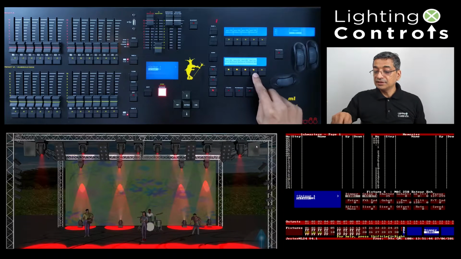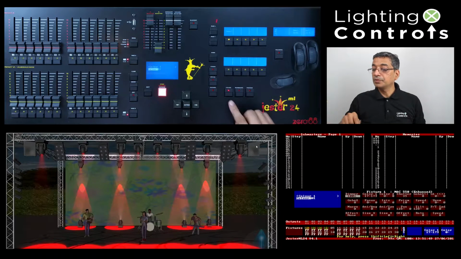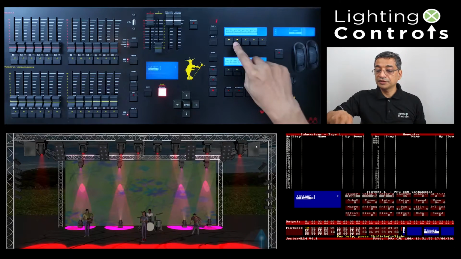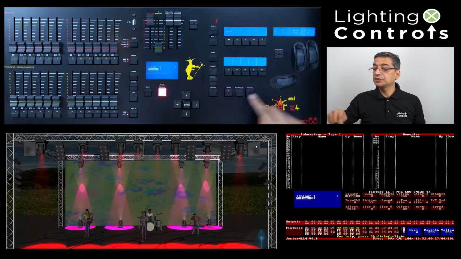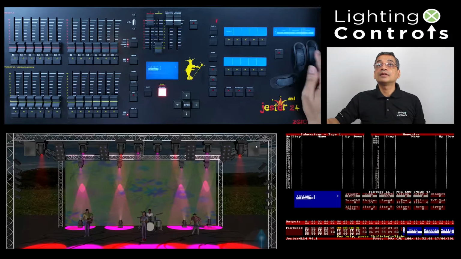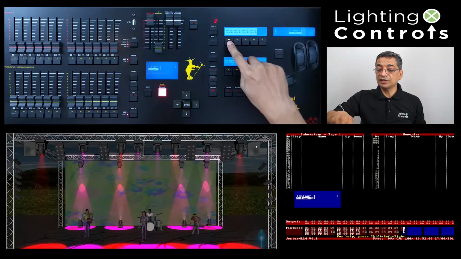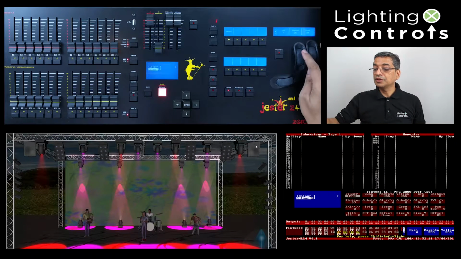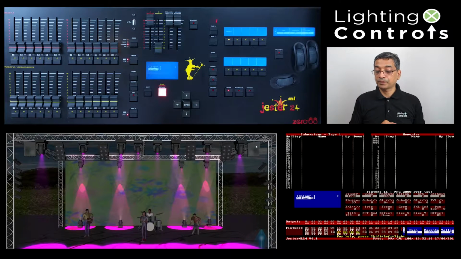Next, unselect those fixtures, select the MAC 550s, go back to color, choose magenta, go back to fixtures, unselect those, go back to the MAC 600s, choose color, take the magenta out, go back to fixtures, unselect the MAC 600s, select the MAC 2000s, go to color and get the magenta again.